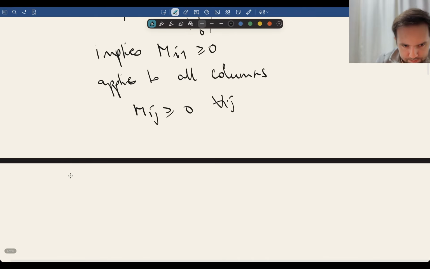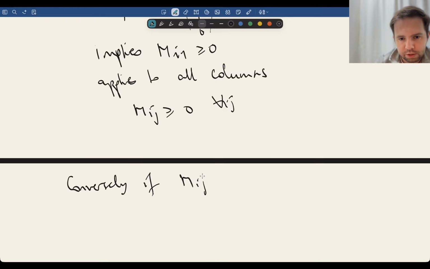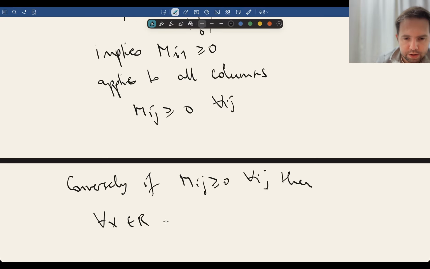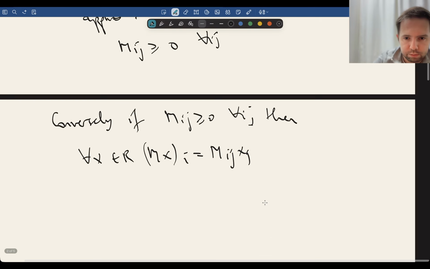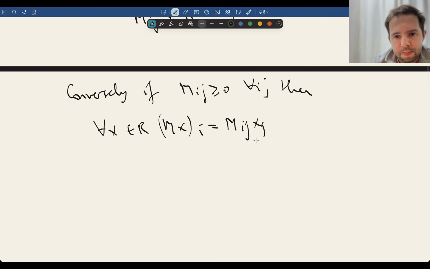Conversely, if m_ij is non-negative for all i, j, then for all x in R, we have (Mx)_i, which is the sum of m_ij x_j. Here I'm summing on j, but I'm not writing the sum. This is non-negative, this is non-negative, so this is non-negative.